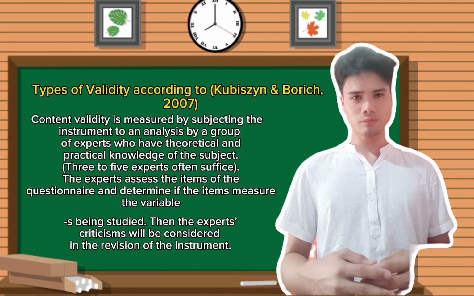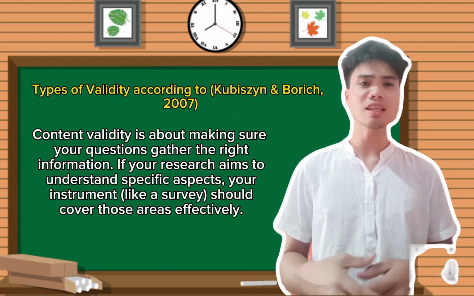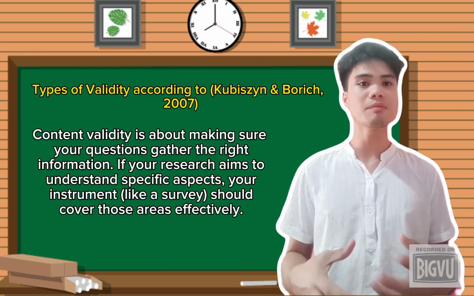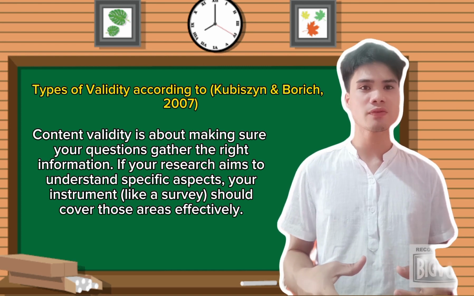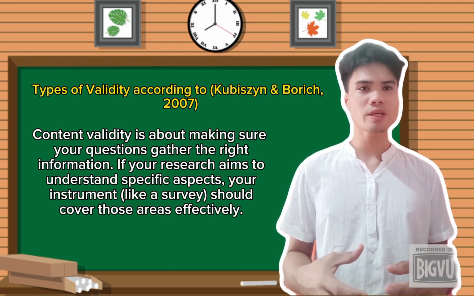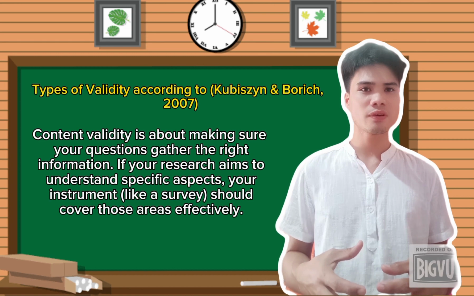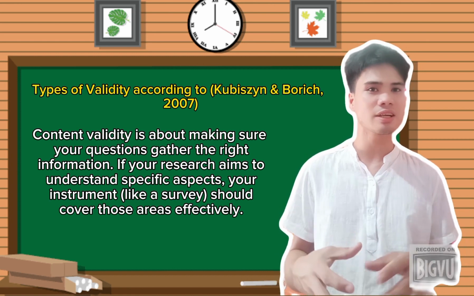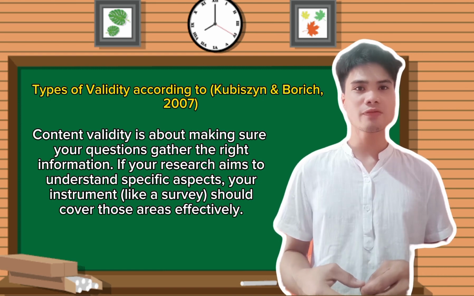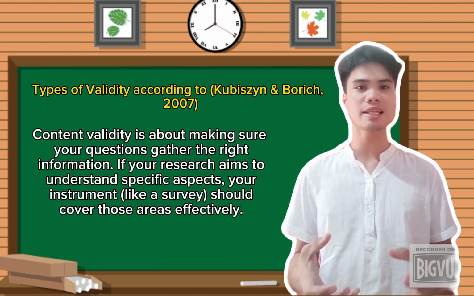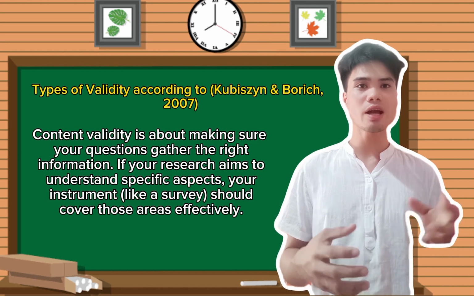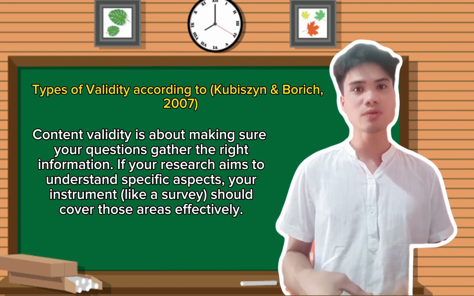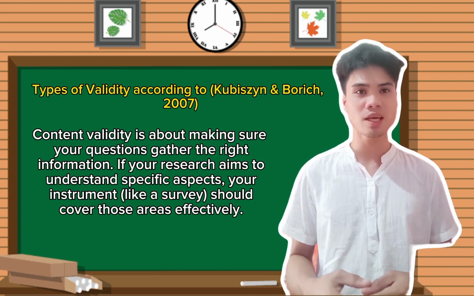So, meaning, content validity is all about making sure your questions gather the right information. If your research aims to understand specific aspects, your instrument, like a survey, should cover those areas effectively.